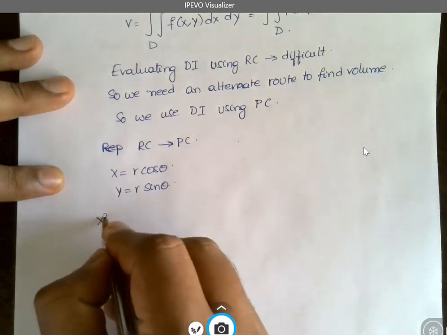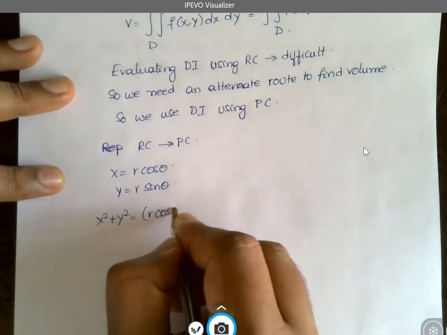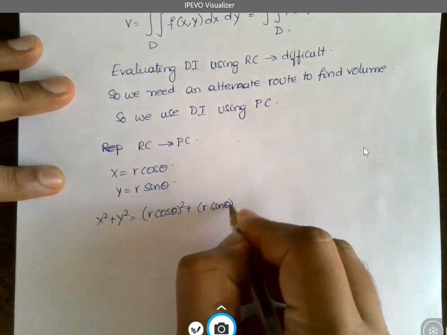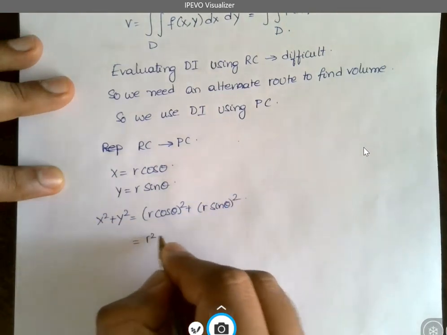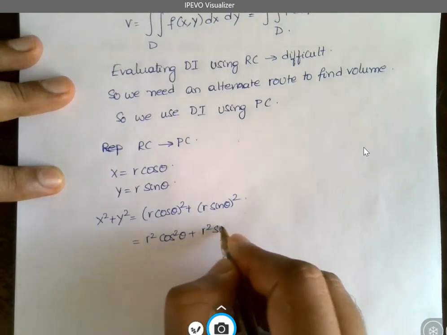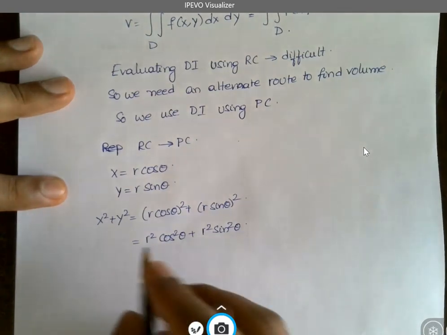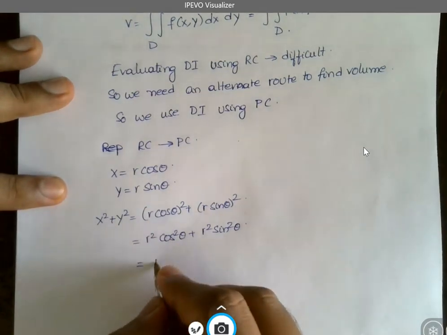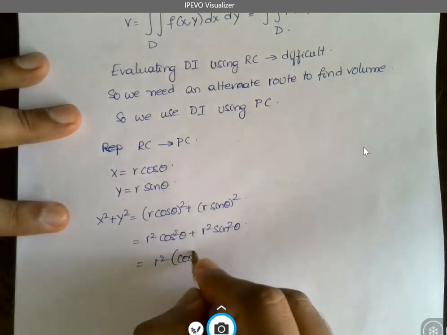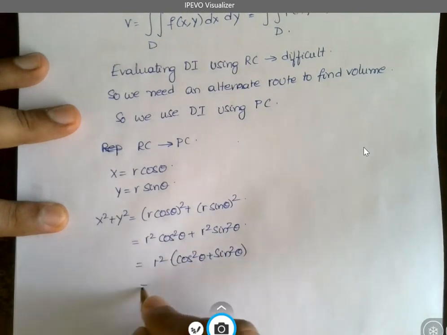So x squared plus y squared is r cosine theta squared plus r sine theta squared, which is r squared cosine squared theta plus r squared sine squared theta. Because cosine squared theta plus sine squared theta equals 1, that gives you r squared.